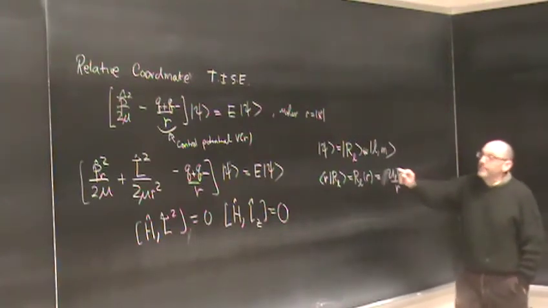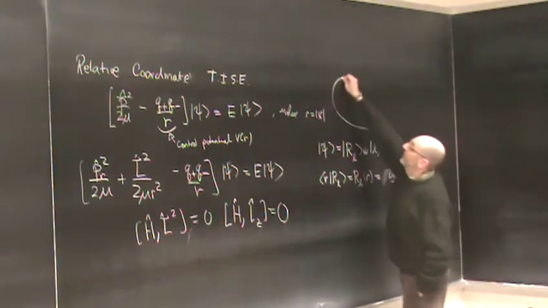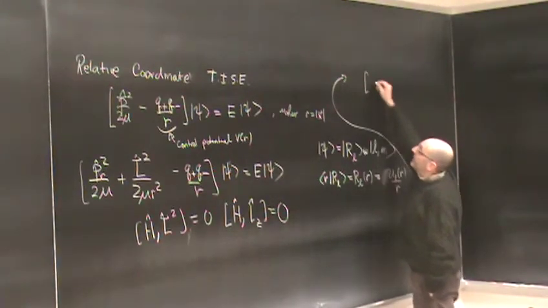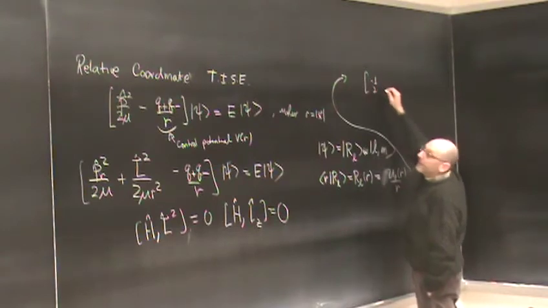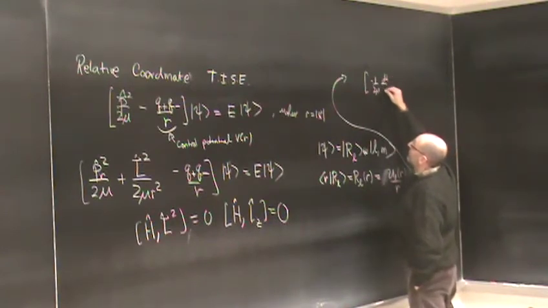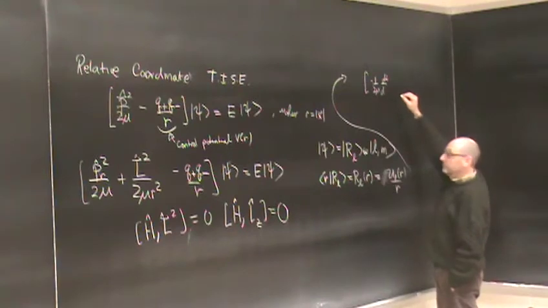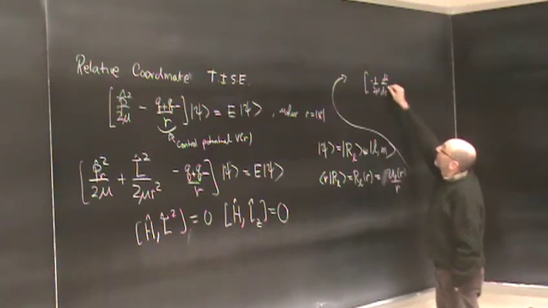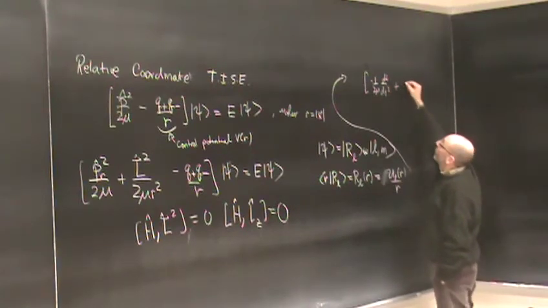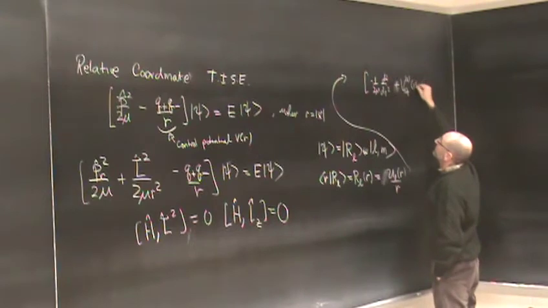When we do that, we can re-express the Hamiltonian, as we did, as a kind of Schrödinger equation, the representation here, with an effective potential that depends on L.